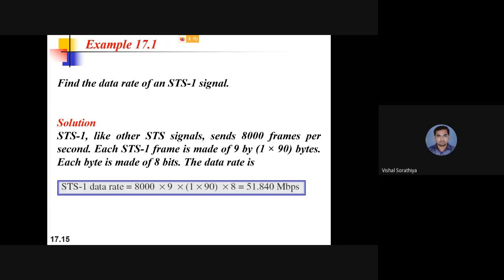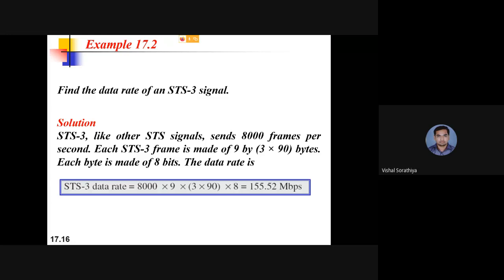The STS-1 data rate is 8,000 frames per second, with 9 rows and 90 columns, so 9 by 90 multiplied by 8 bits per byte, giving 51.840 Mbps for one STS-1 frame.